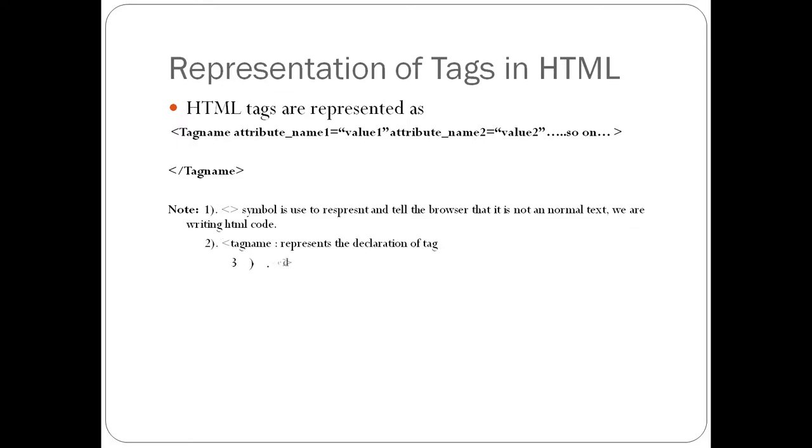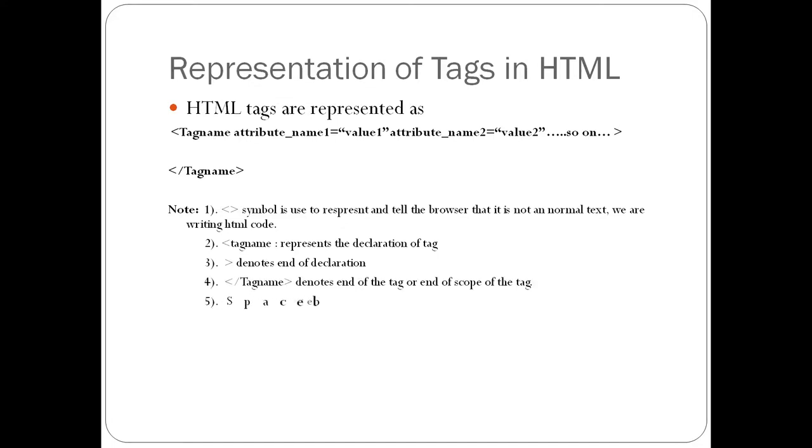The second thing is tag name. Tag name represents the declaration of tag. This statement in this code represents the declaration of tag, that we are declaring this object. And when we close this at the same line, this greater than symbol represents that we have declared our tag.